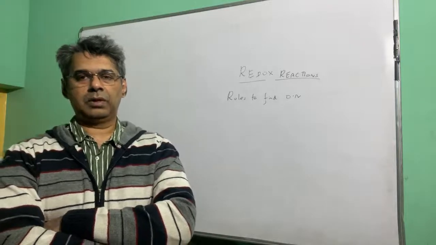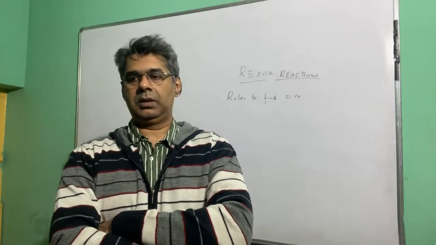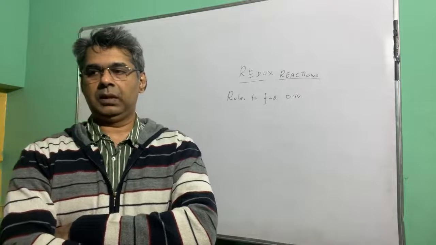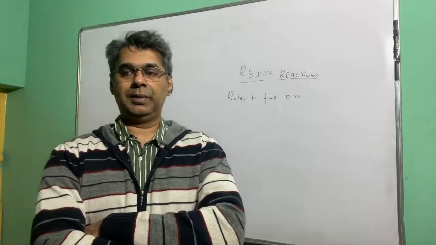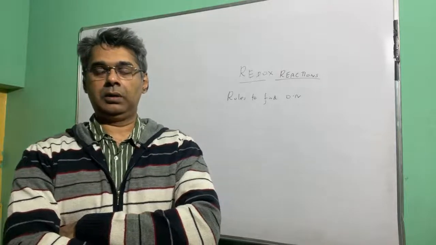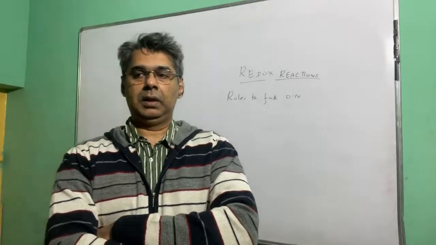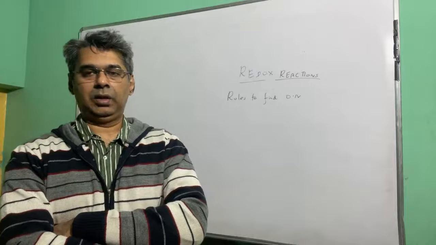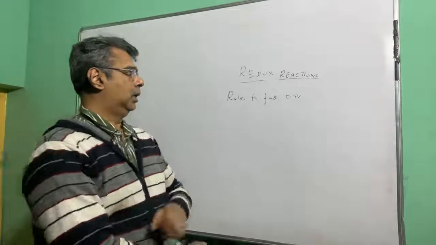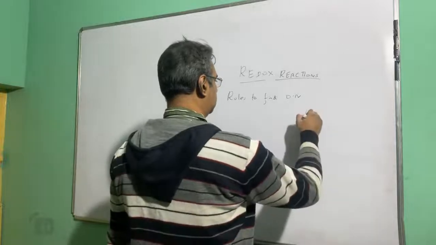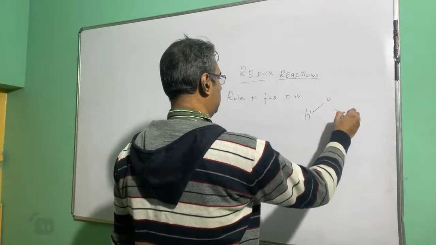So very quickly, what is oxidation number? Oxidation number is the charge that the atom will have, assuming that in a covalent bond, the more electronegative atom will take all the shared electrons to itself. So suppose you have water.